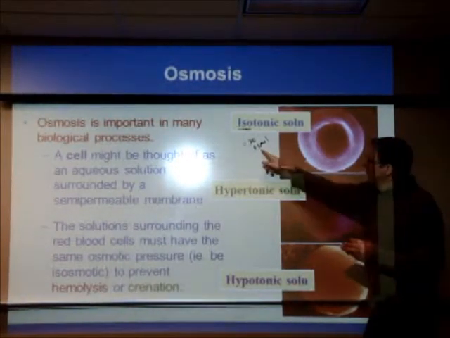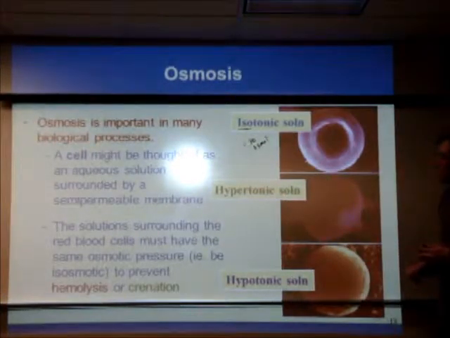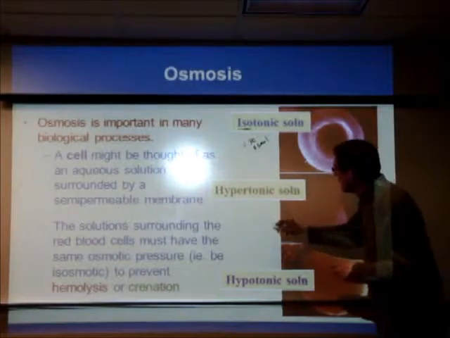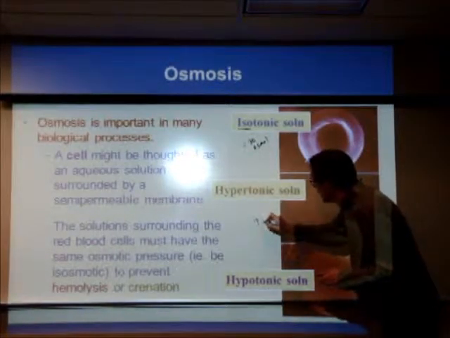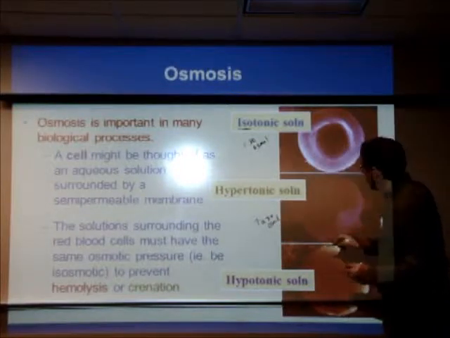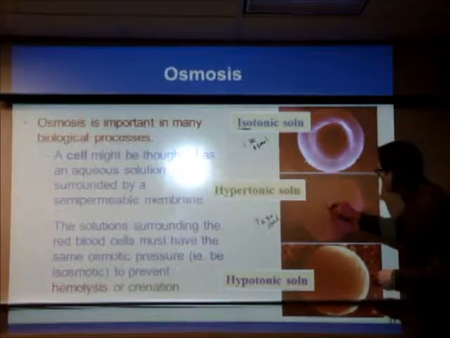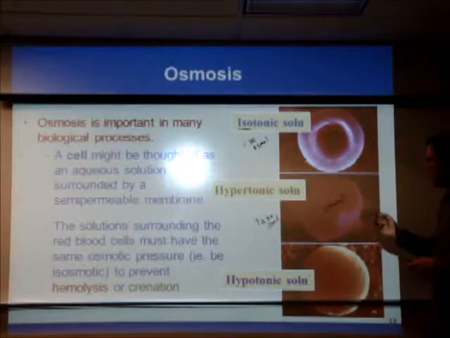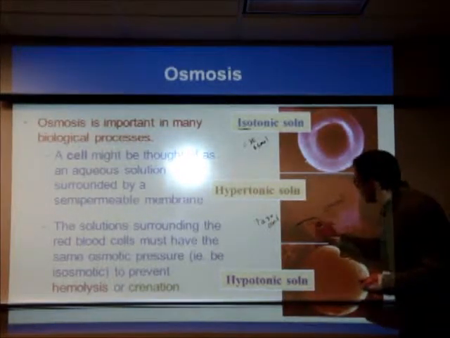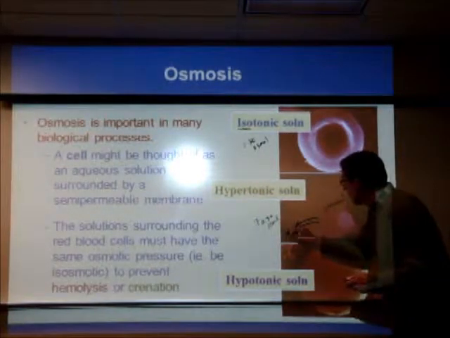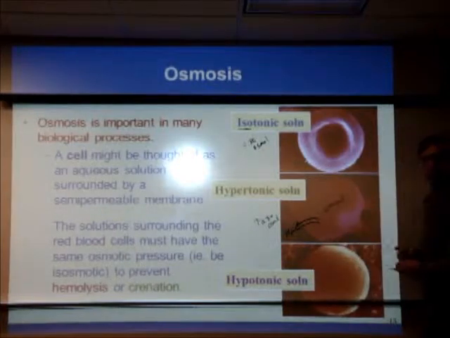If I put this blood cell into a hypertonic solution, meaning that it's going to be greater than 0.3 osmolar on the outside, where on the inside it was 0.3 osmolar initially, what's going to happen is that water is going to leave this cell. And as it leaves, the cell shrinks.